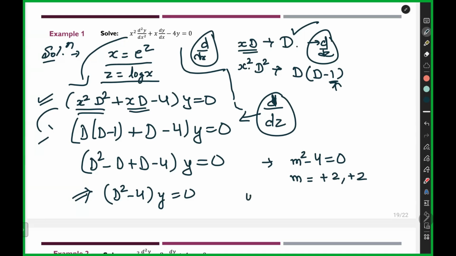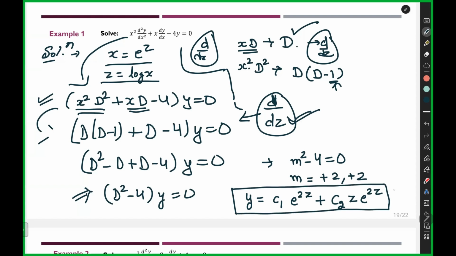So what is the solution? y equals c1 e to the power 2z plus c2 e to the power minus 2z, since we are dealing with y as a function of z. Now we have to use z as log x.